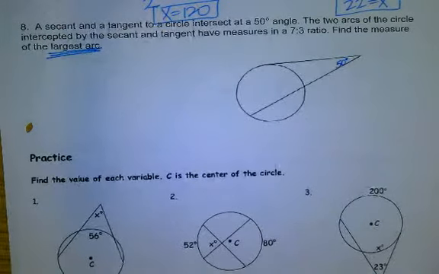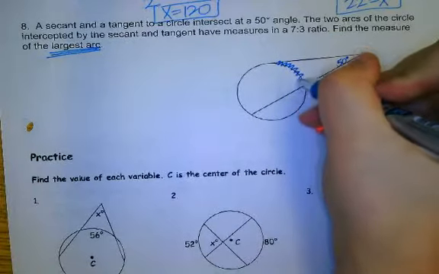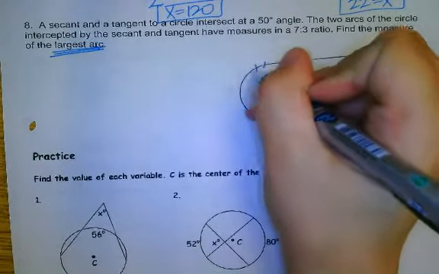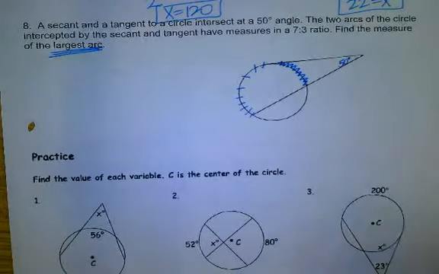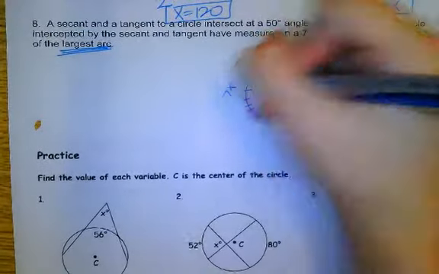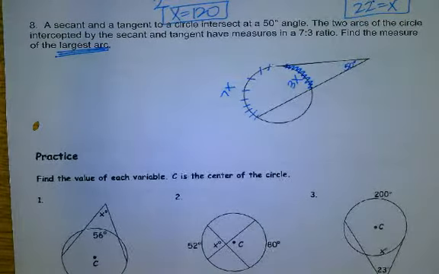Okay, so you're not just solving for x. I want you to go back and solve for the largest arc. Okay, so if it's a 7:3 ratio, I need to label my two intercepted arcs. What am I going to label them as? 7x and 3x. Okay, once I've labeled my 7x and 3x, am I dealing with an interior or an exterior angle?